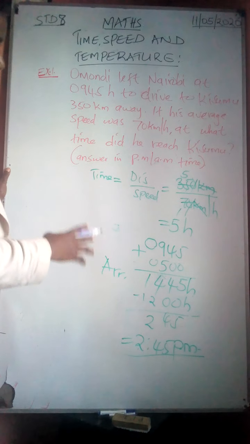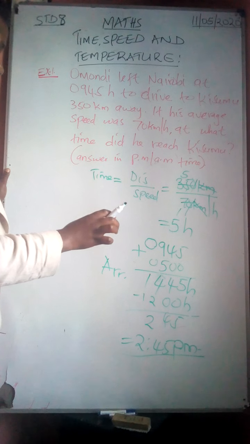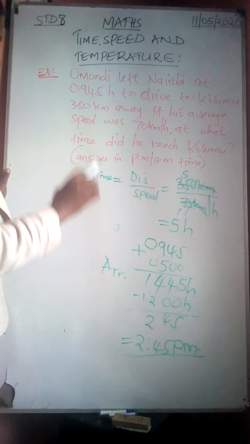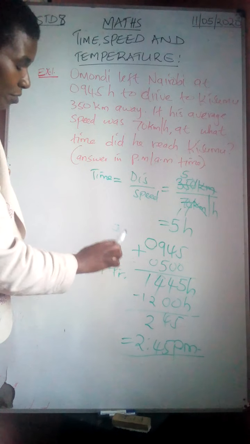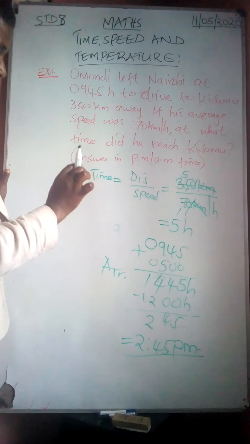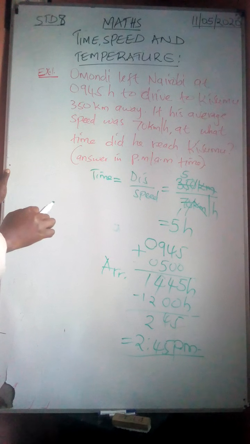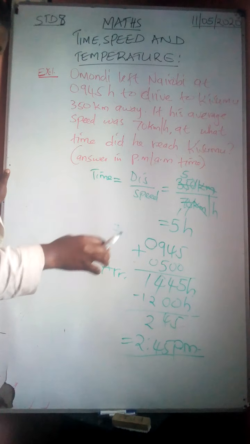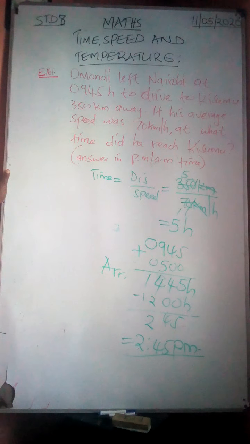So what we have done is first find the duration of the whole journey, the time duration. Arrival time is departure time plus the duration, which brings us to 14:45 hours. We know that 14:45 hours is counted from noon or afternoon. Our noon is equivalent to 12 hours.